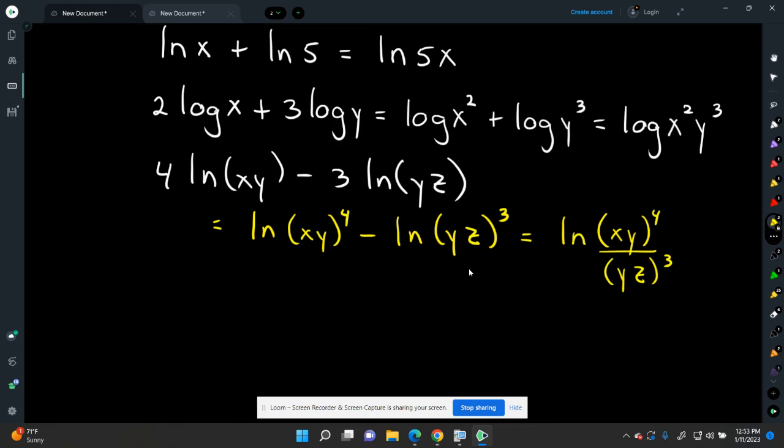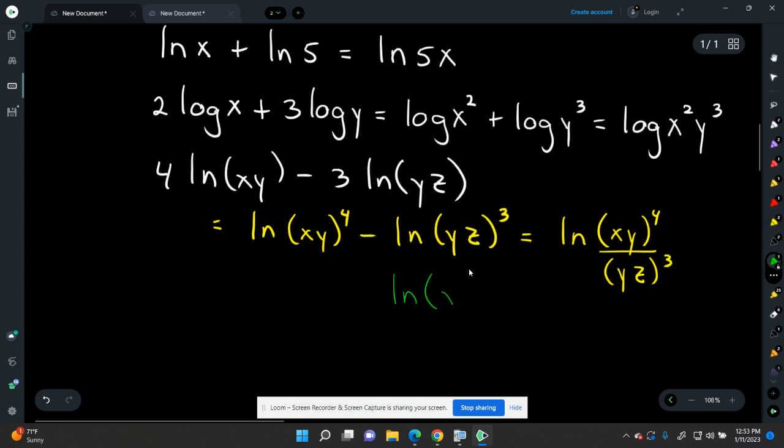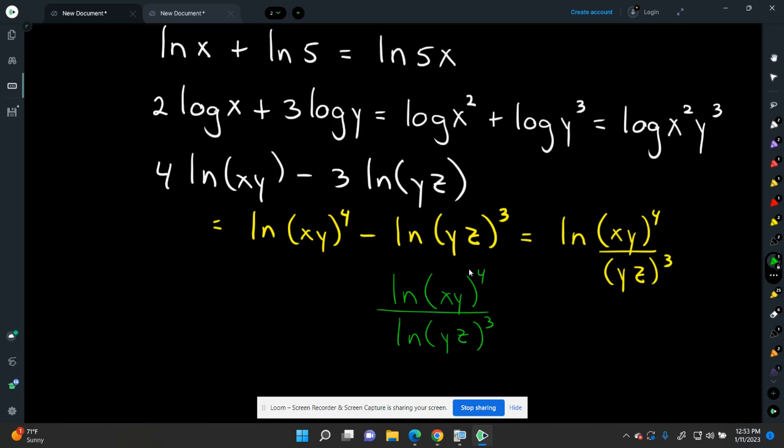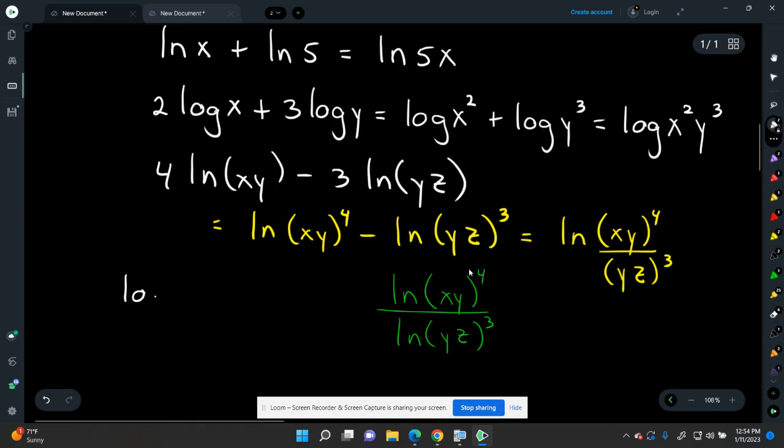Okay. By the way, that is not the same as natural log of x y to the fourth divided by natural log of y z to the third. They are not the same. If the natural log is on both the top and the bottom, it's a whole different thing. It's like if I said log base 3 of 27 divided by 3, right?